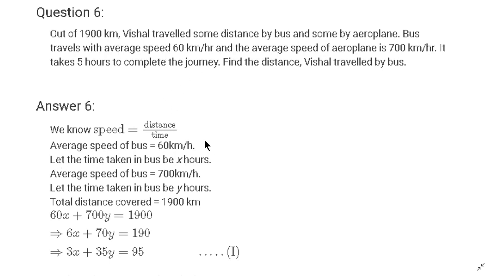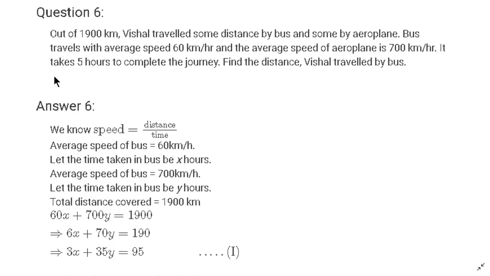So here is the first condition: the average speed of the bus is 60 km per hour. What should we assume here? We should assume the time. It takes 5 hours to complete his journey.